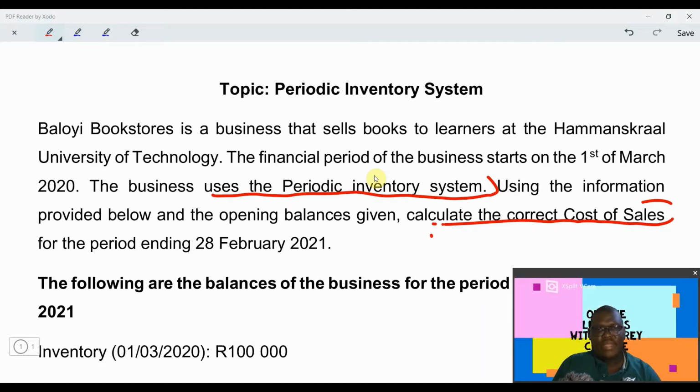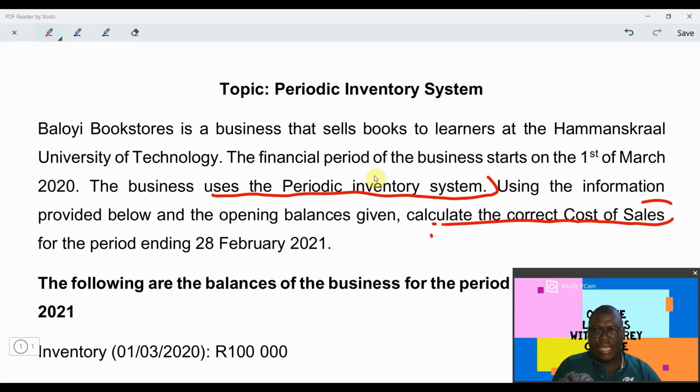So we are looking at something like a bookstore that sells books to the learners. And then we need to be able to compute the correct cost of sales using the periodic inventory system. Another thing that we also need to establish is the beginning of the financial year.